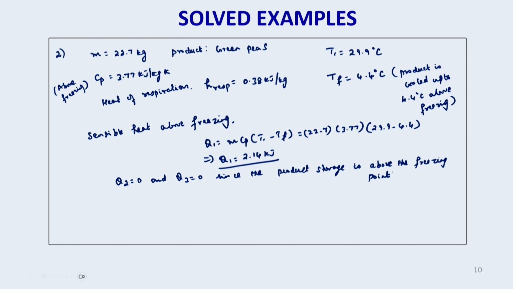Now let us calculate Q4, the respiration load, because green peas is a vegetable, which is a live product. Q4 is equal to mass multiplied by the heat of respiration.